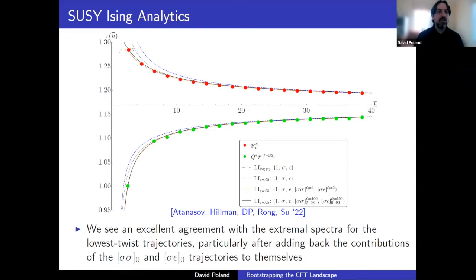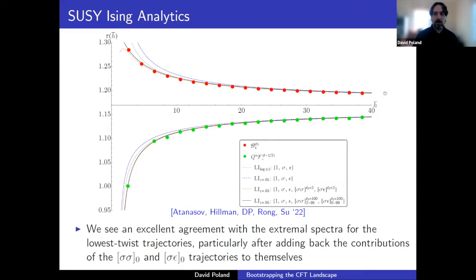and the lines show these analytical computations using the Lorentzian inversion formula under various assumptions about which operators you include to approximate the 4-point function. Basically what this plot is showing is that as you include more and more operators, you get a better and better approximation to the 4-point function.